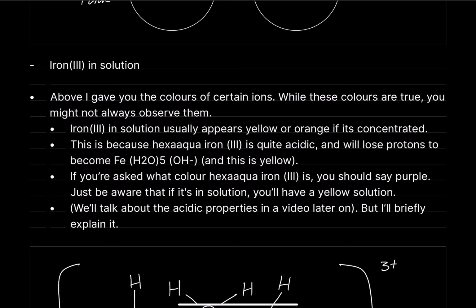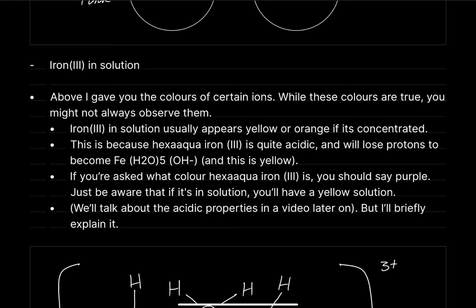Iron 3 in solution usually appears as yellow-orange if it's concentrated, and that's because hexaaqua iron is quite acidic and will lose protons to become [Fe(H2O)5OH]2+, and this is a yellow color. So if you're asked the color of hexaaqua iron 3, you should say purple, but just be aware that if it's in solution, you have more of a yellow solution.